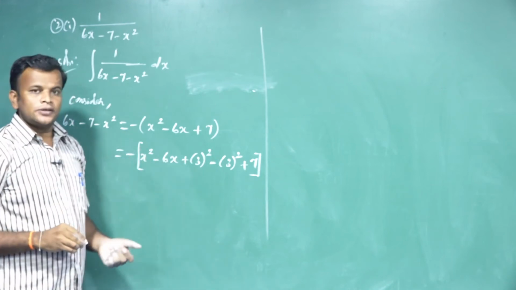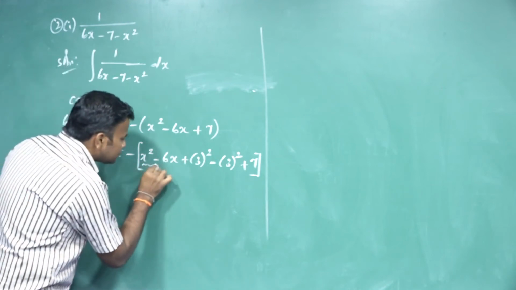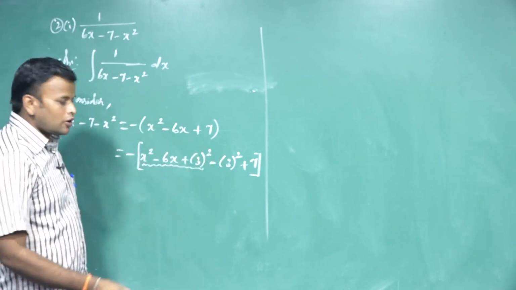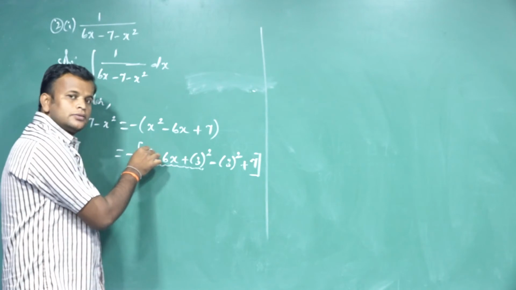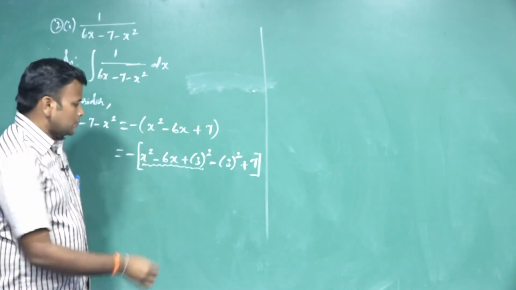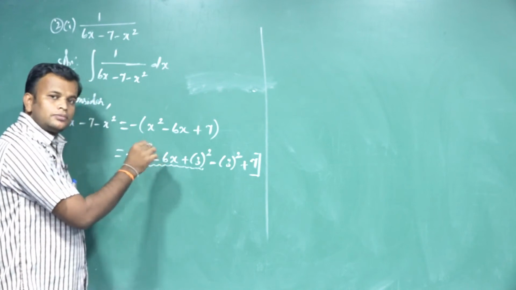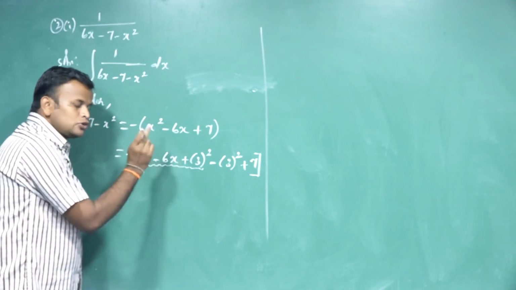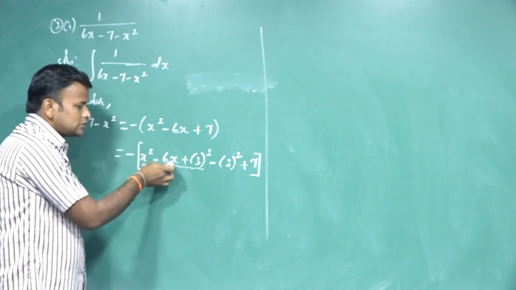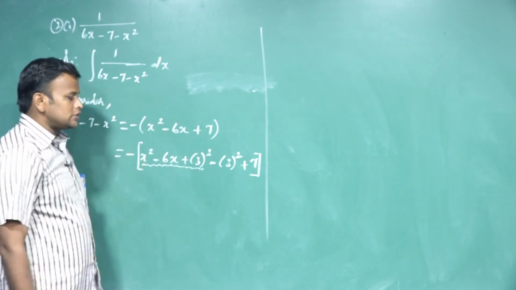What is the reason, sir? You see, the first 3 terms are exactly one formula shape. It is of the form a square minus 2ab plus b square. Here a square is x square, minus 2ab: 2 times b value 3 is 6, with a value x, plus b square is 3 square.